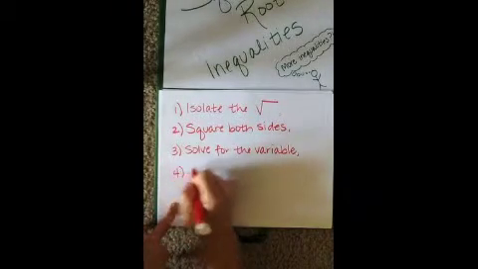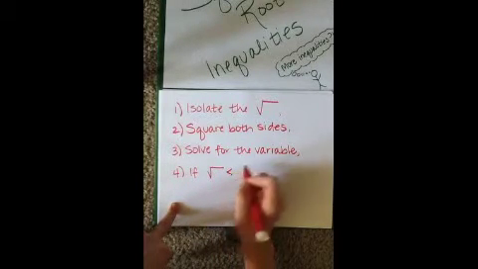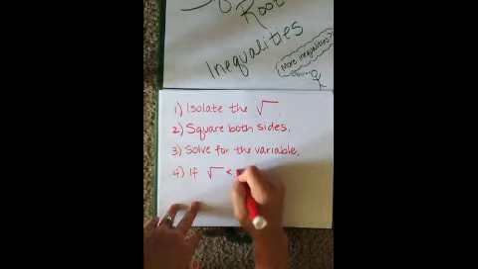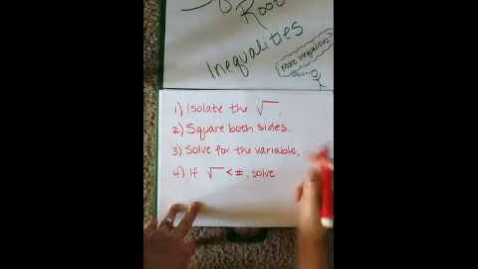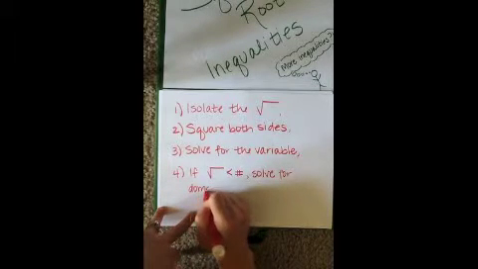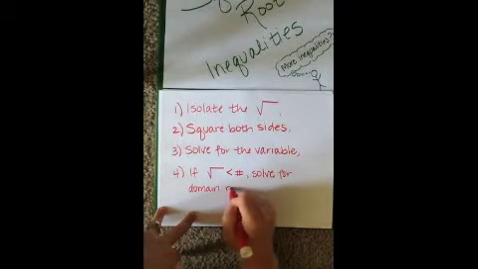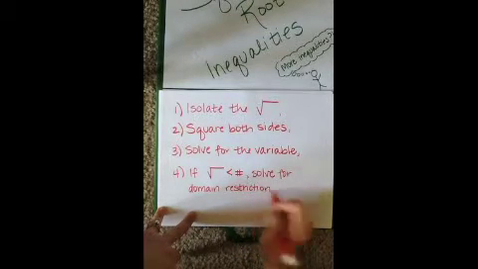And last, if you have square root is less than a number, then you have to solve for your domain restriction. That's going to tell you what the bottom part of your inequality is, the inequality of your solution.